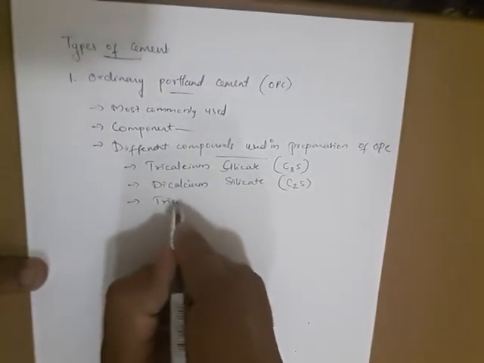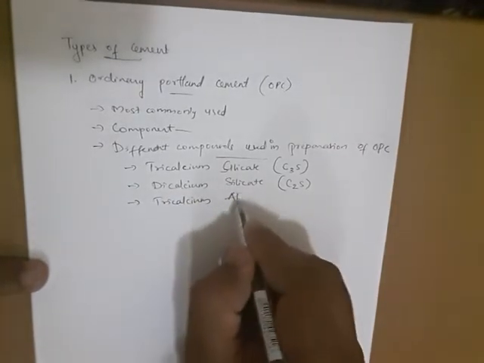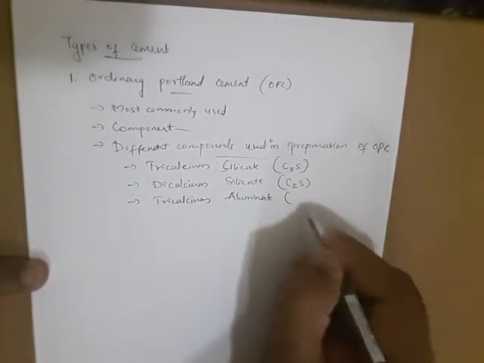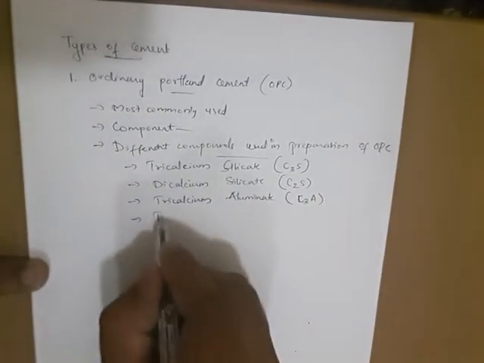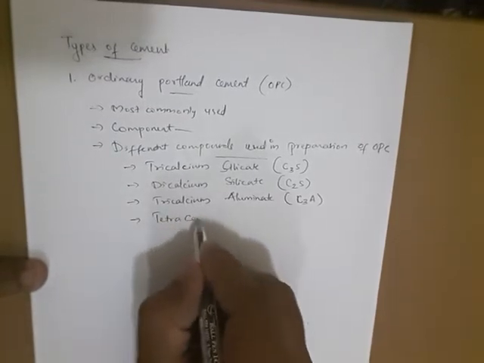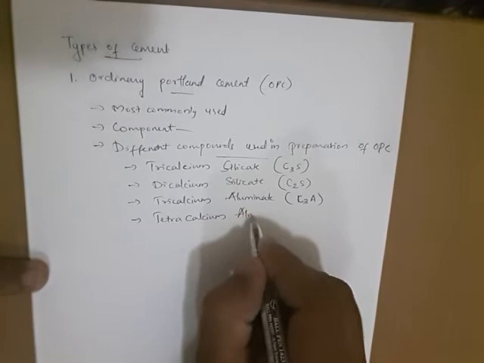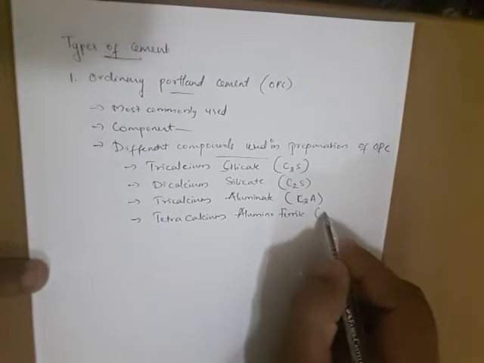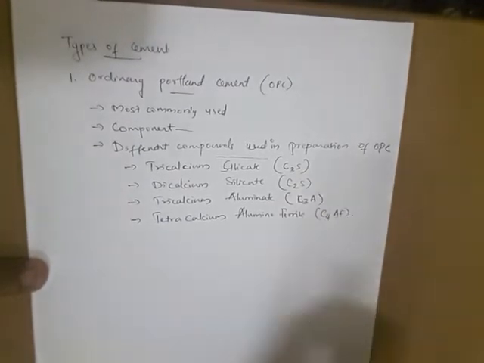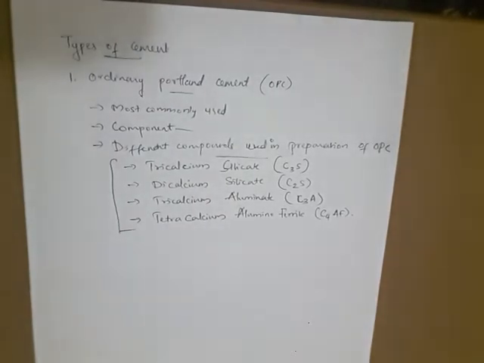Next, tricalcium aluminate, that is C3A. Next one is tetracalcium alumino ferrate, C4AF. These are the four compounds which are mixed in different proportions according to the strength we want with this type of cement.